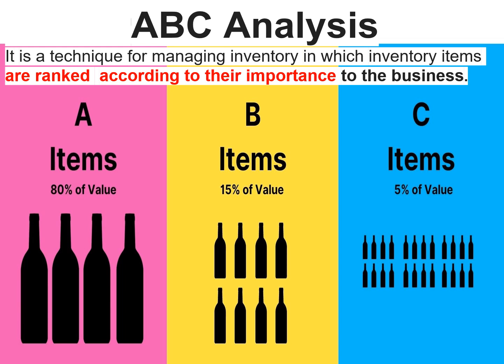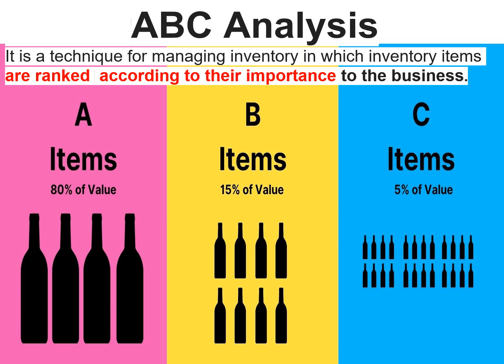Item A's are the most significant items that make up almost 20% of the inventory items, but can make about 80% of the value of the inventory. Item B's are of moderate importance to the business, and they are about 30% of the inventory items, but about 15% of the value of the inventory.